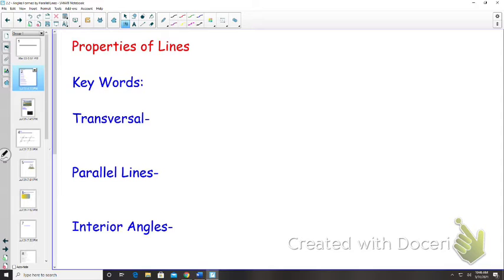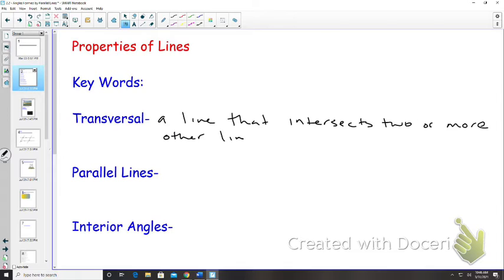Okay, so a transversal, this is a line that intersects two or more other lines at distinct points.